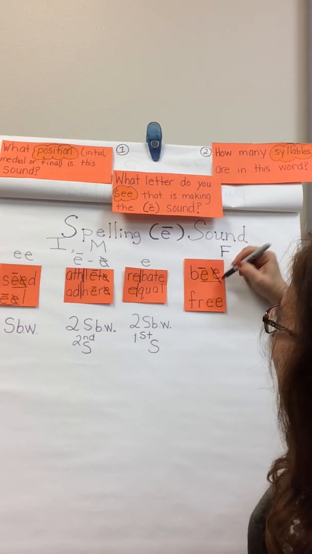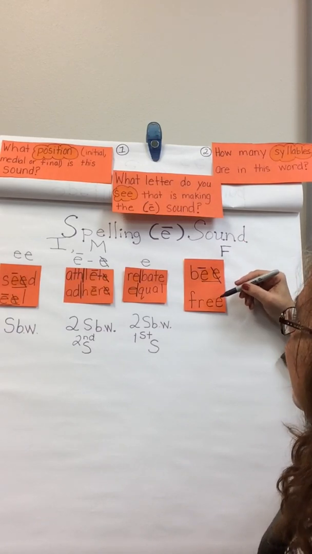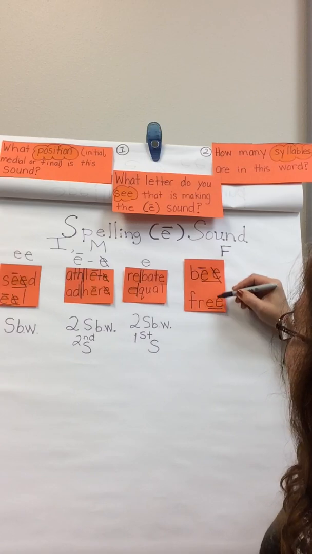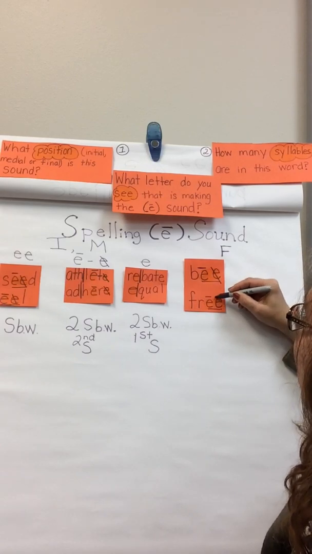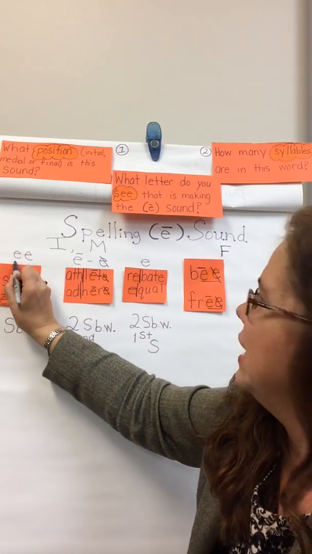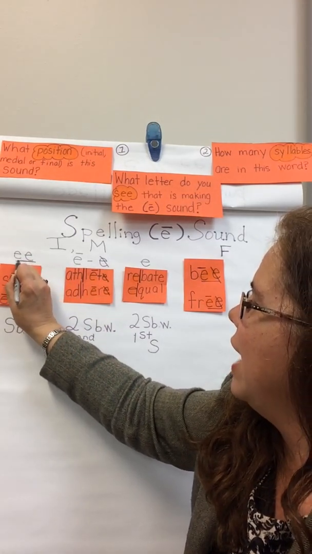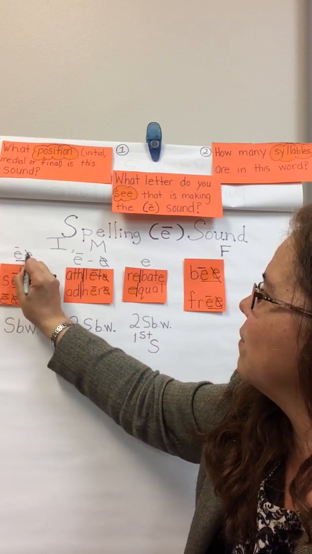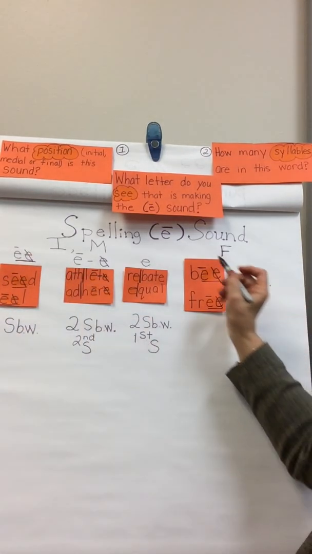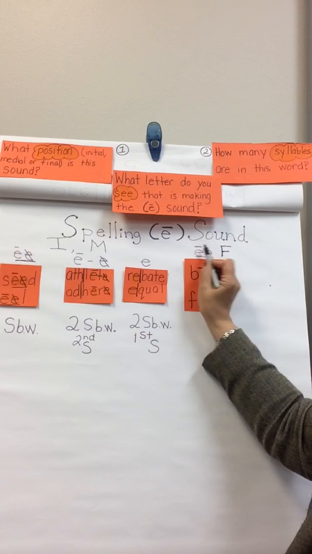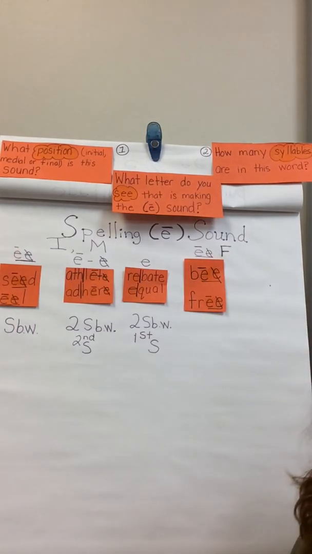The second E I'm going to mark out because I don't go B-E, E. The same thing with free: first one is long, put a macron and cross out the silent E. Digraph E-E. Underline it. Remind myself to keep it together. First one is long, the second one is silent.